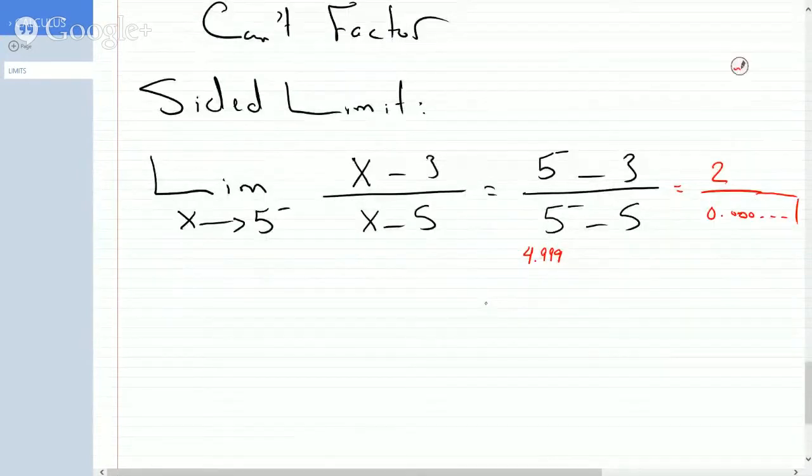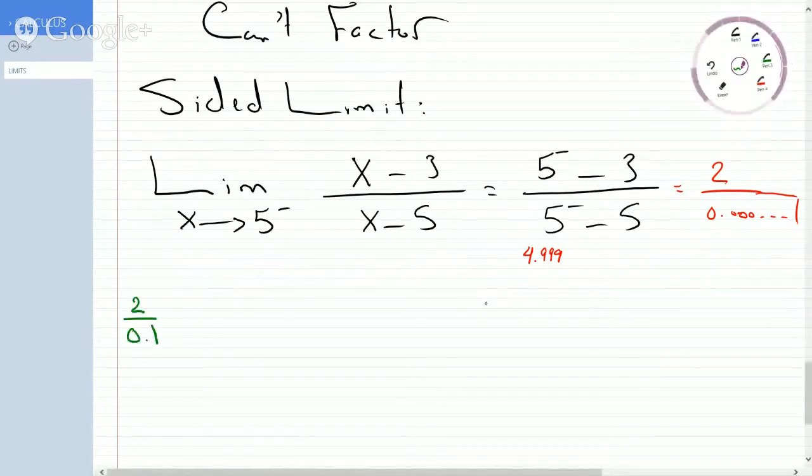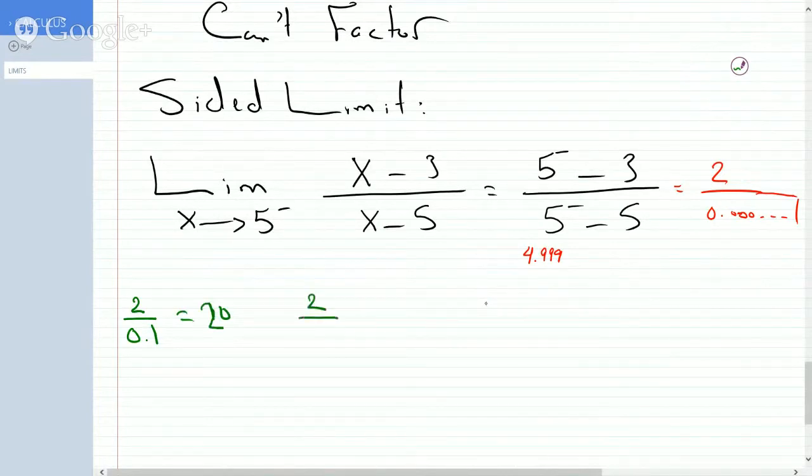Now, if you remember the strategy I showed you, let's say you didn't know what this is. Start with them one by one. What's 2 over 0.1? You get 20. What's 2 over 0.01? You get 200.